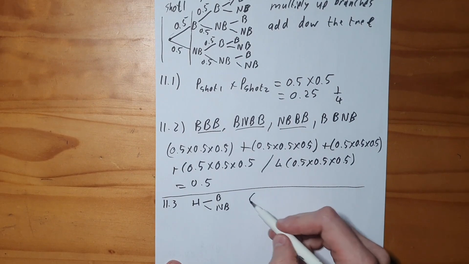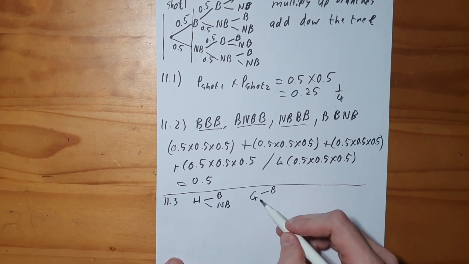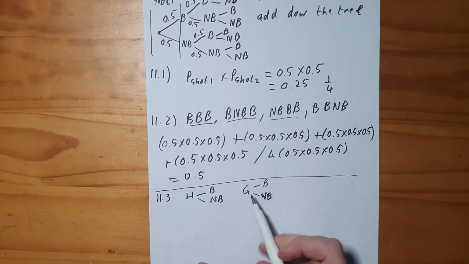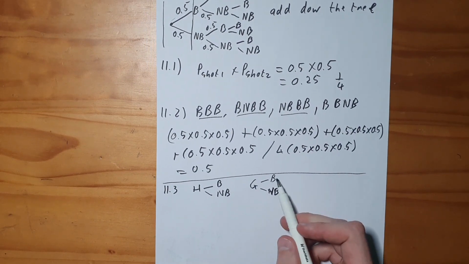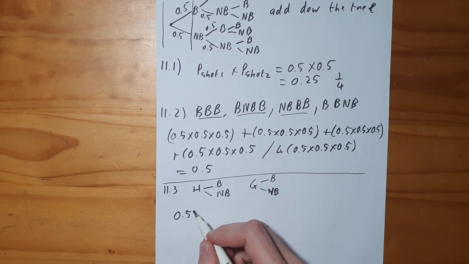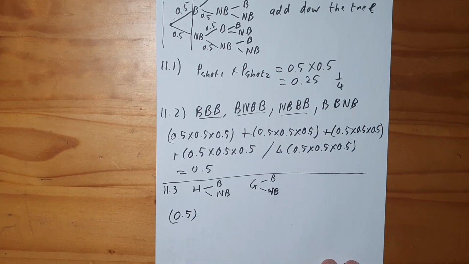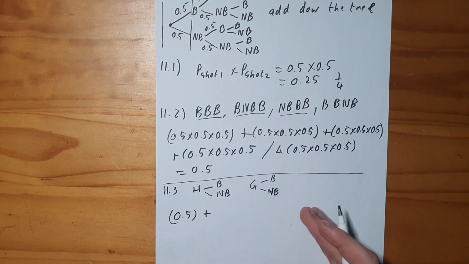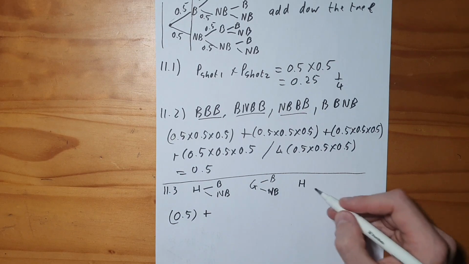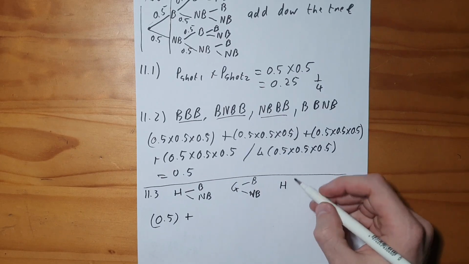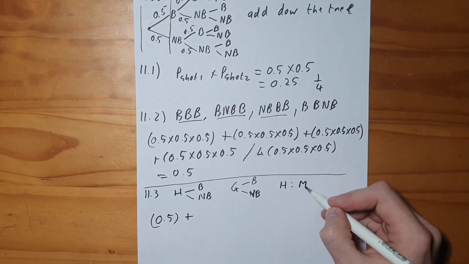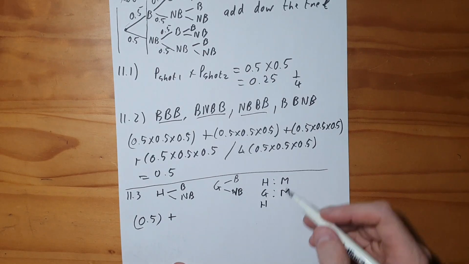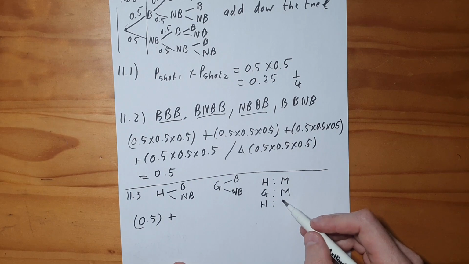If Glenda goes first, same thing. She can hit a bull or not hit a bull. So in the first round, there's only a 0.5 chance of each one of them being a winner. Now, moving to the next round, in order to get to the next round, Harry must miss, Glenda must miss, and then let's say Harry hits a bull.